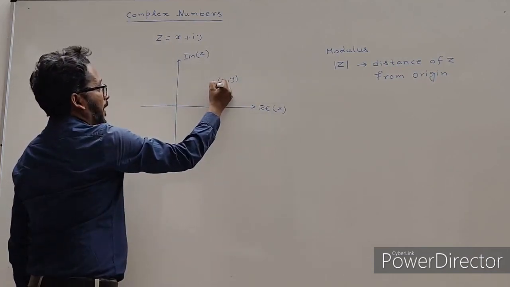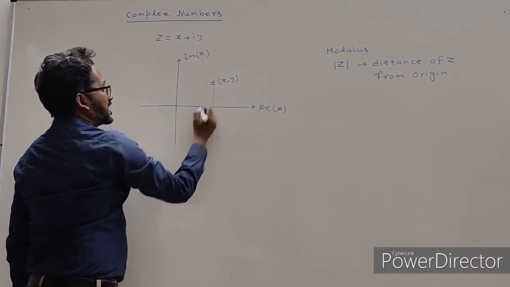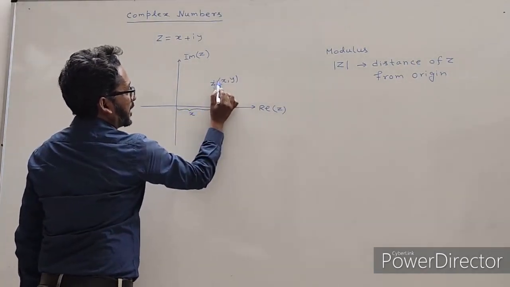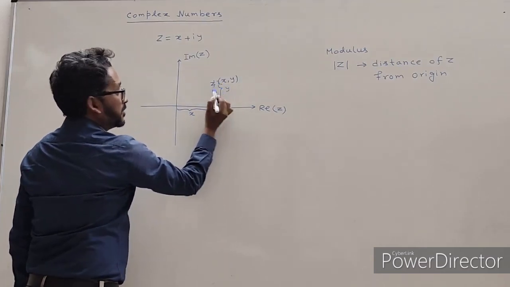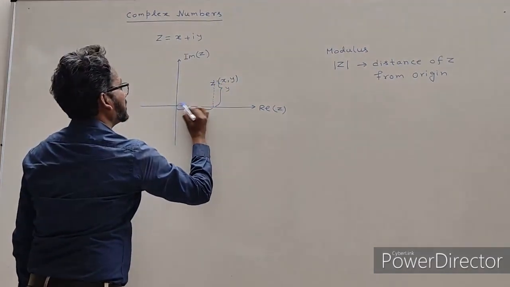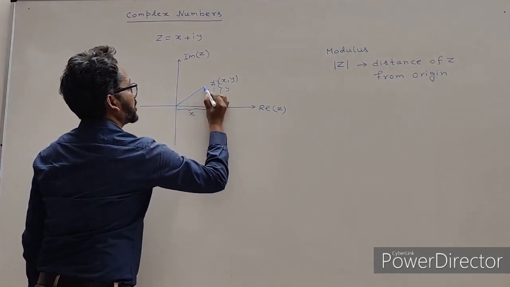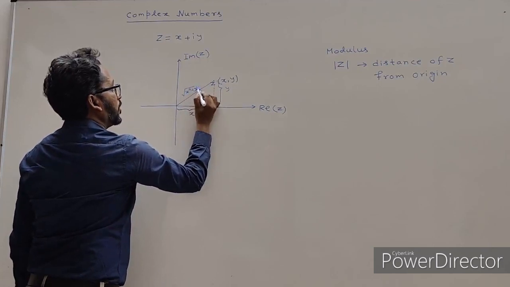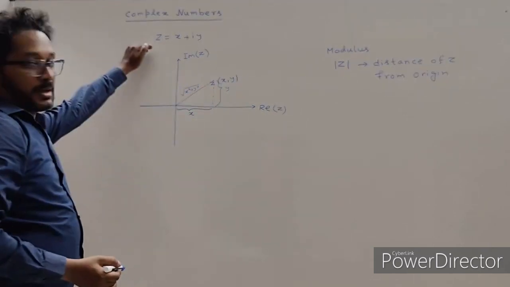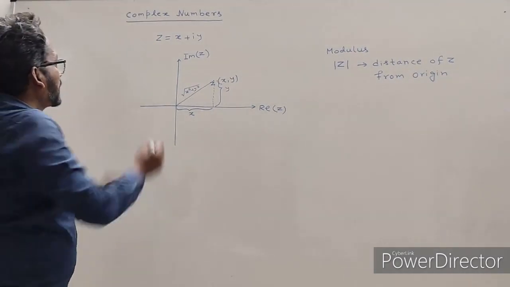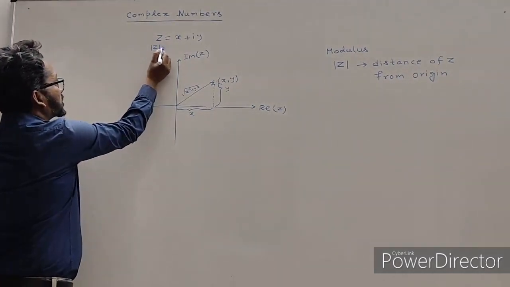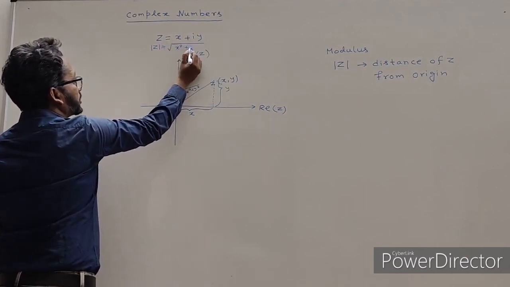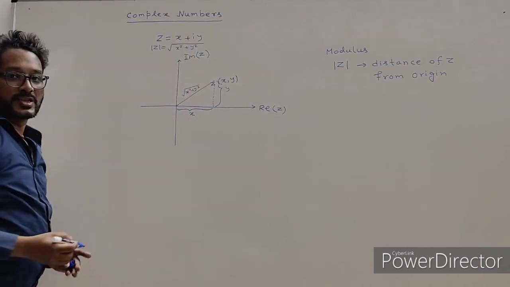Since this length is x and this length is y, using Pythagoras we can say the distance of z from the origin must be the square root of x square plus y square. So for any complex number z, which is x plus iy, the modulus of z is the square root of x square plus y square.